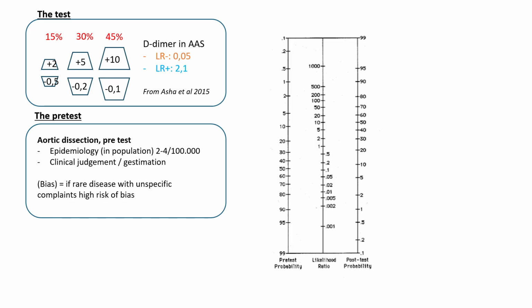And then the pretest probability in aortic dissection is maybe 2 to 4 in 100,000. This is really hard to assess because lots of the studies are done in the ED, and it's really hard to assess which patient should be worked up in the ED, as we'll go into.